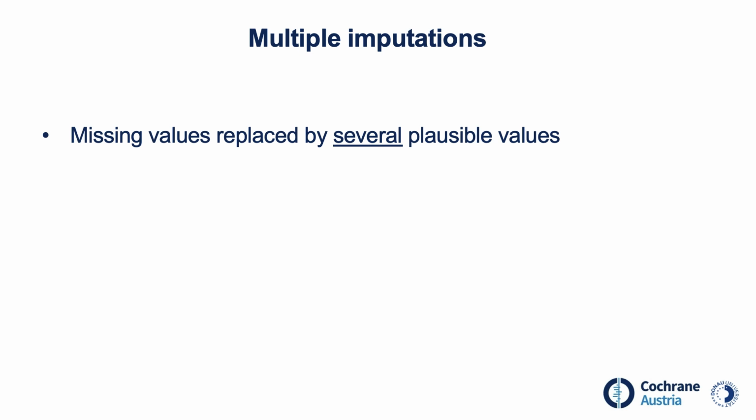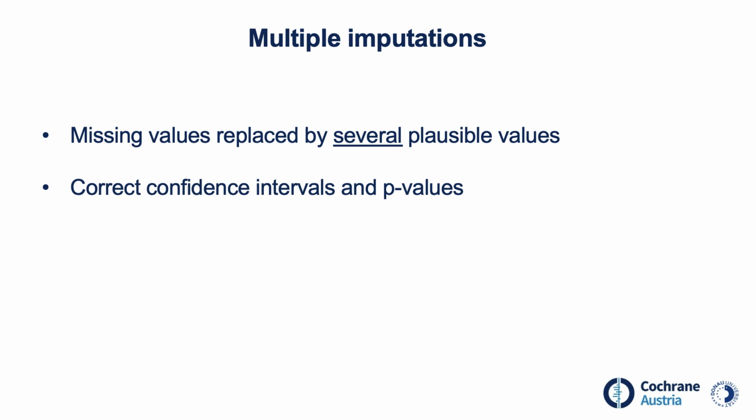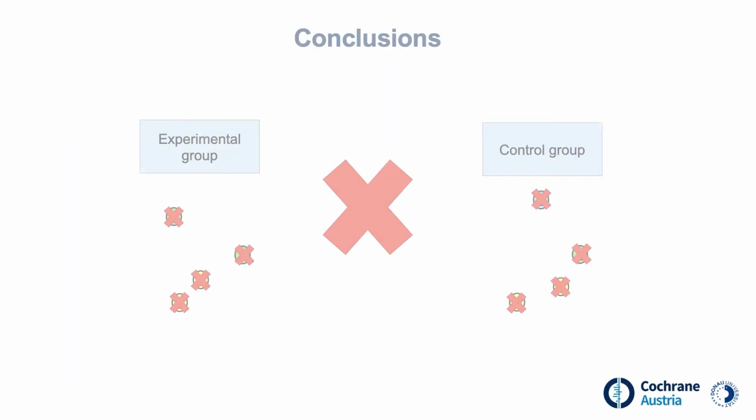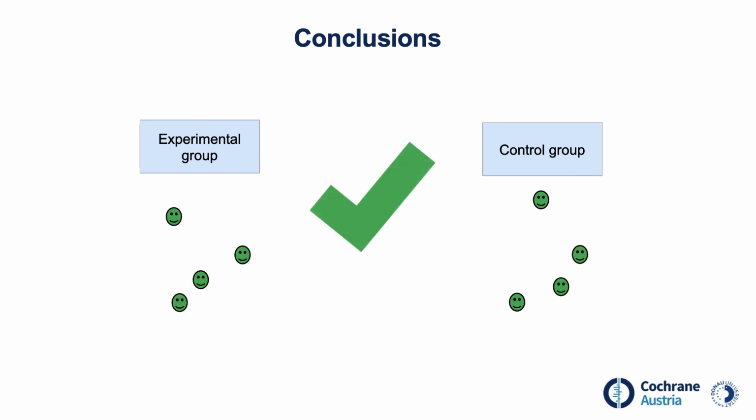The advantage of this is that confidence intervals and p-values can be calculated with better accuracy, and the results are therefore less biased. We can conclude, missing data from participants can lead to incorrect results, and intention to treat analysis should therefore be performed in RCTs, and attention must be paid to the correct handling of missing values.